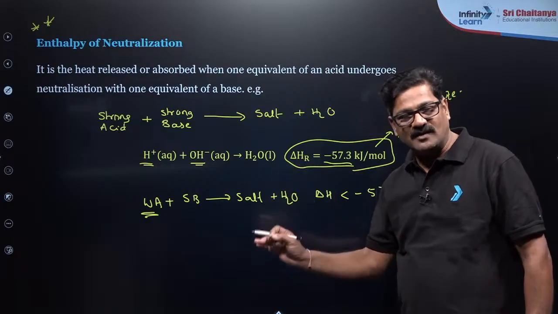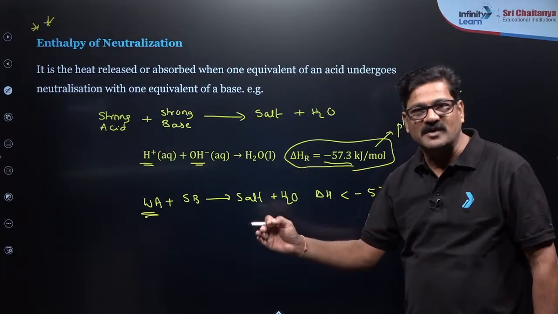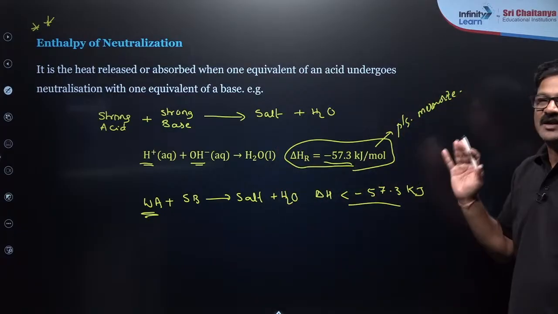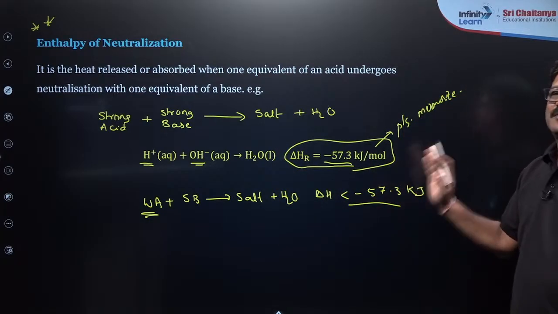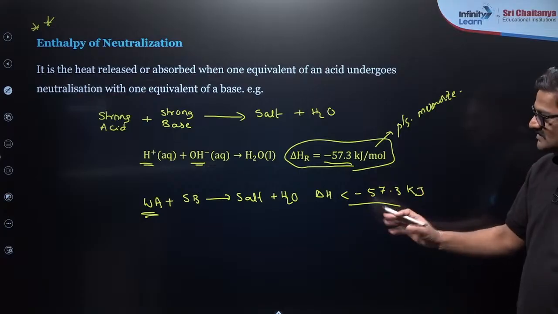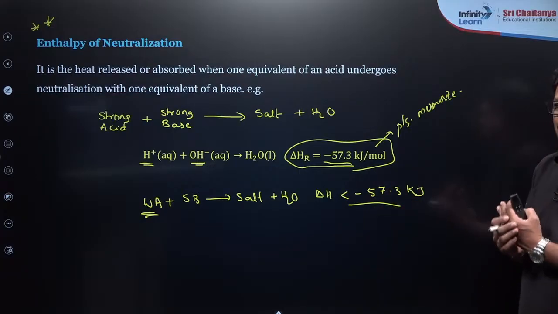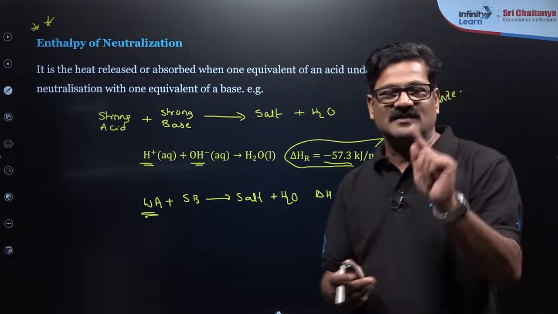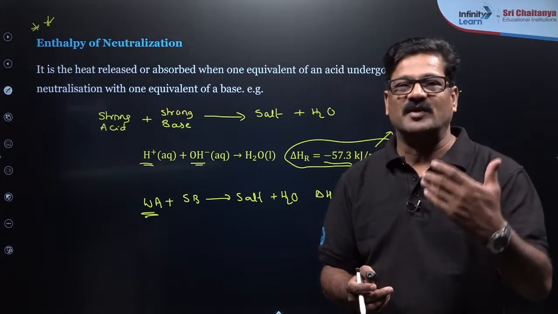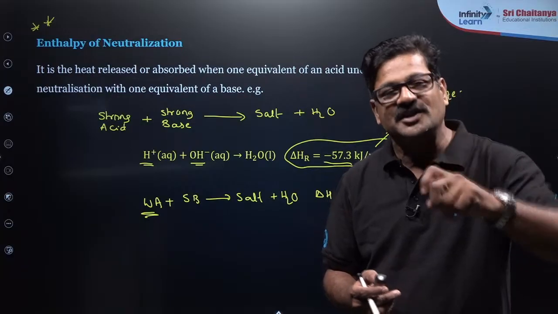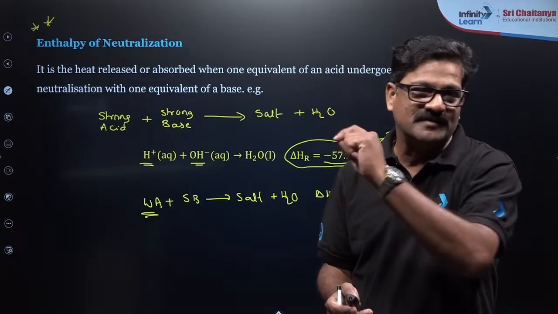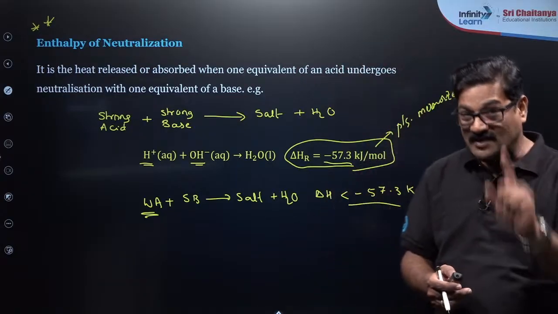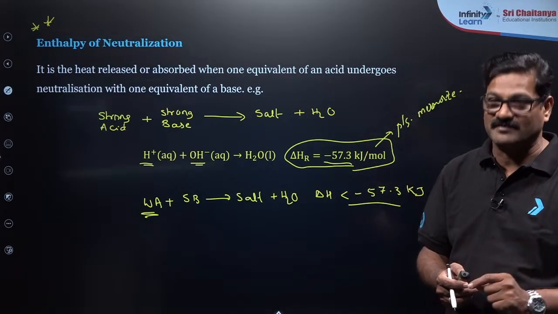So if any weak acid or weak base participates in such reactions, delta H is less than minus 57.3. You get the value and subtract it from 57.3, and you get some value, maybe 2.5 or 3.5 kilojoules. That is the energy used for ionization of the weak acid or weak base. From there you can calculate; good number of questions can definitely be given in the NEET examination.